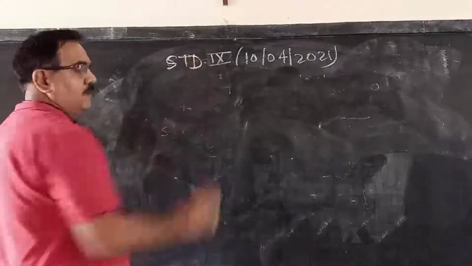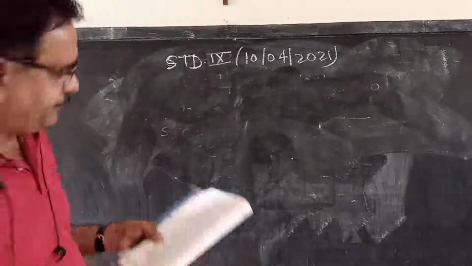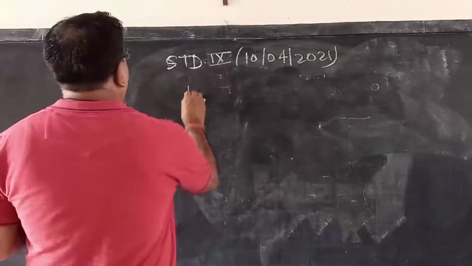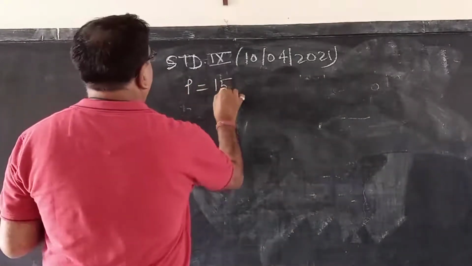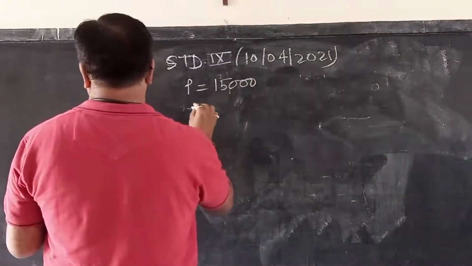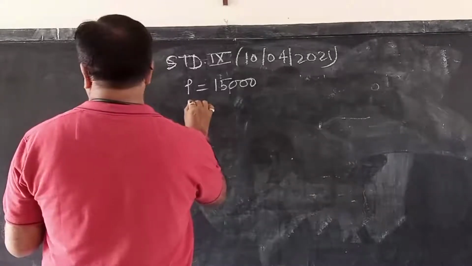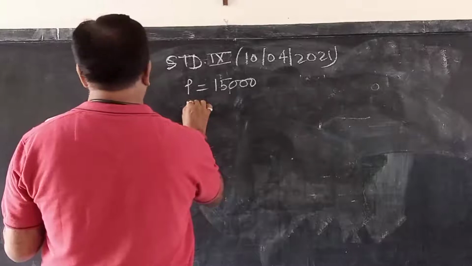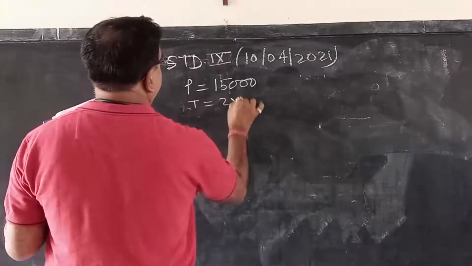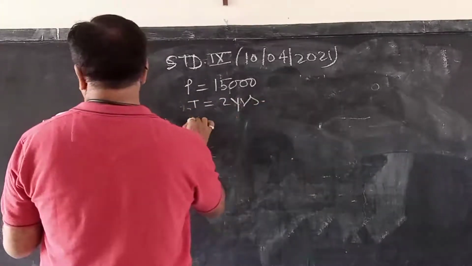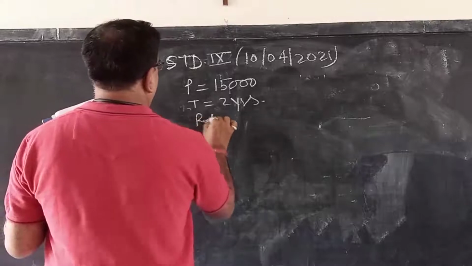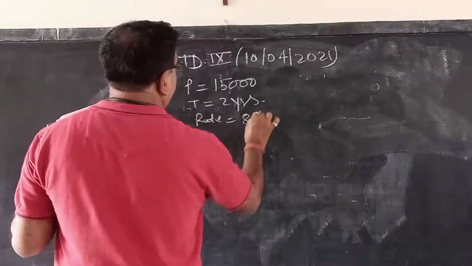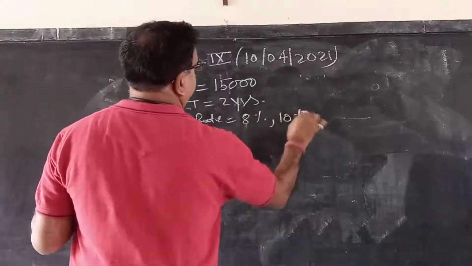Another question here. Principal 15,000, time 2 years, rate 8% and 10%.